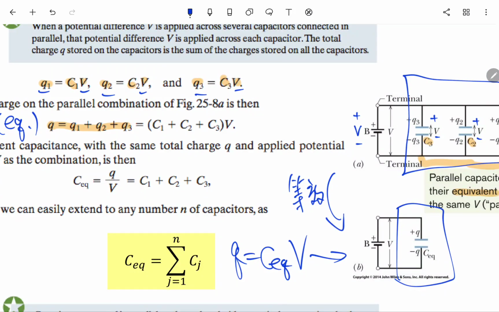So if you simply compare this formula with this one, Q and Q are the same, V and V are the same, which means that the parentheses C1 plus C2 plus C3 should be equal to C_EQ. Okay, so that's why C_EQ equals C1 plus C2 plus C3.